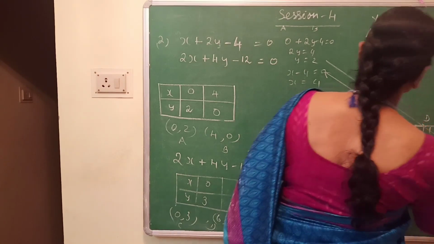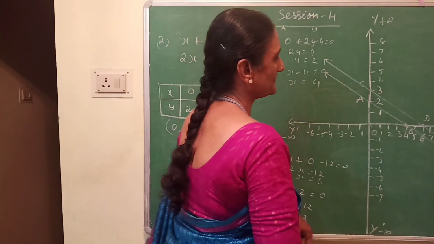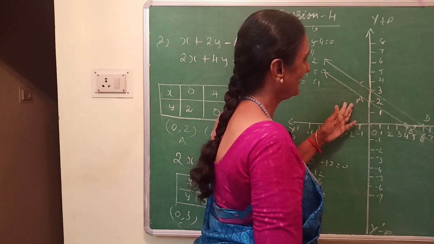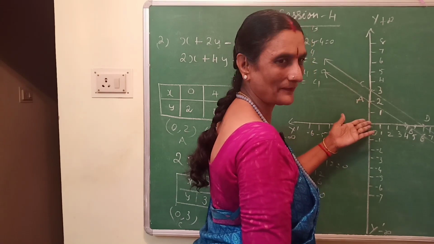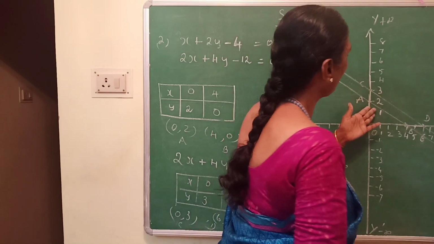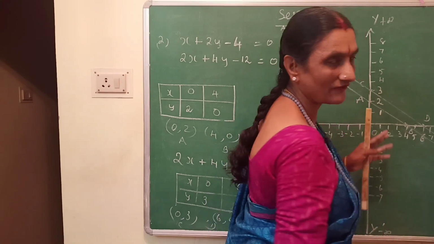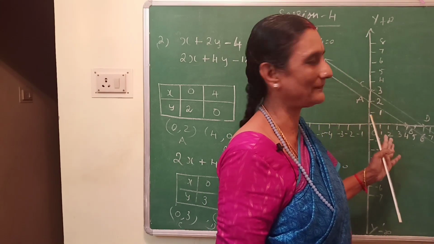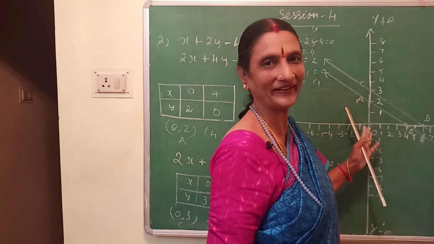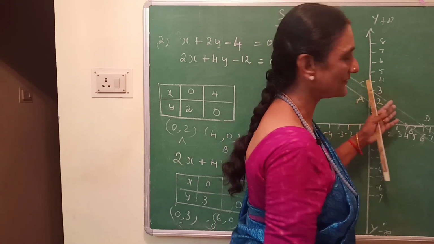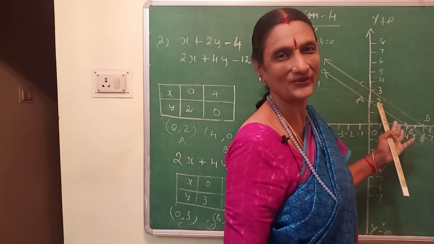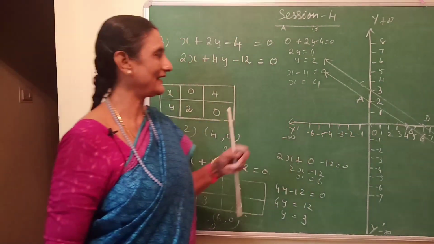Now, just observe these 2 lines. So, are they intersecting at any point? They happen to be parallel. If you draw with more precision on your graph paper, you can get it even more perfectly. So, the lines will not meet at all.